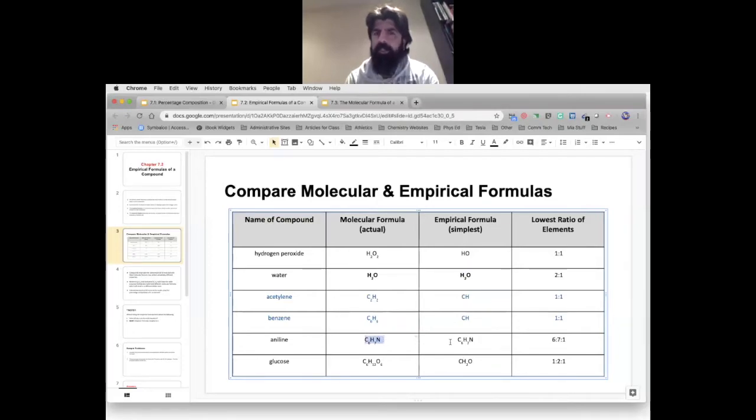Its molecular formula is no different from its empirical formula. And glucose, and we're going to see a little more about other derivatives of glucose, or other molecular formulas that share an empirical formula with glucose, next class when we do 7.3. You'll notice that this C6H12O6 can be simplified to CH2O.